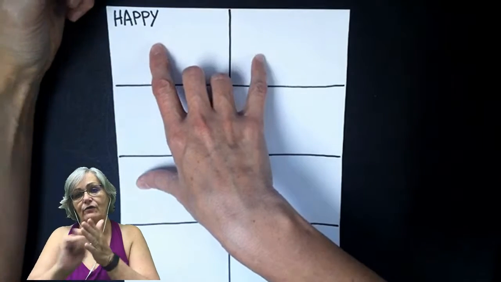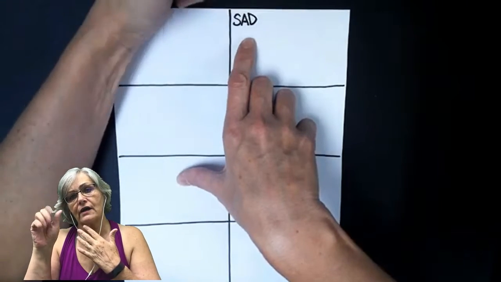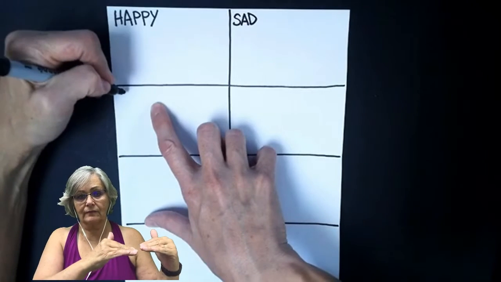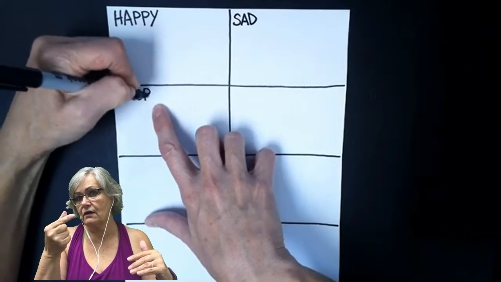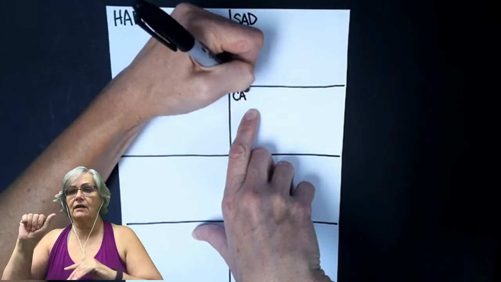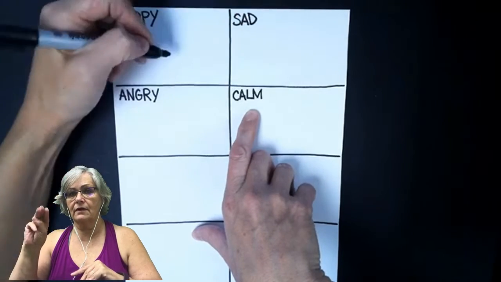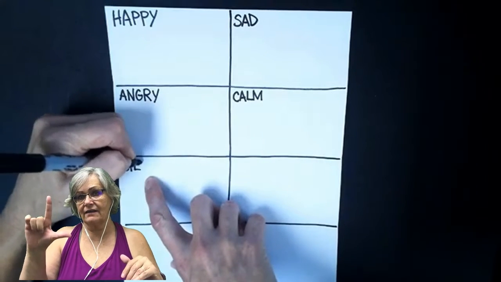You can follow along. Next to it, I'm going to write sad. Another emotion that lines can show you is angry, calm, silly is another emotion.